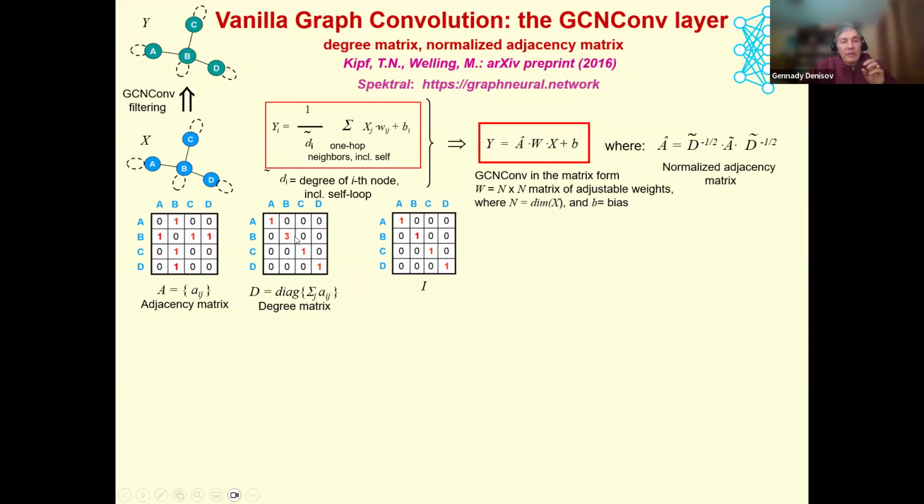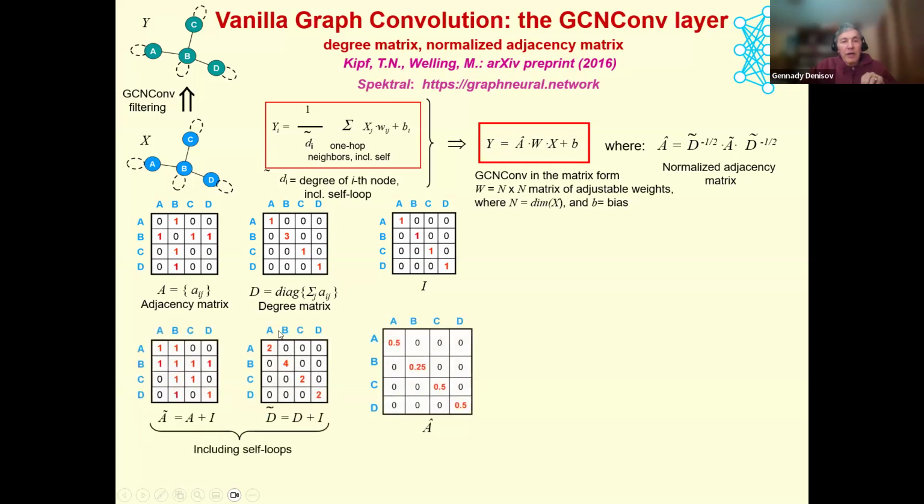This degree matrix does not take into account self-loops. Then we define similar matrices including self-loops. To this end, we take the identity matrix and add it to the degree matrix and to the adjacency matrix. We now get the adjacency matrix which takes into account the self-loops, and the degree matrix with self-loops.